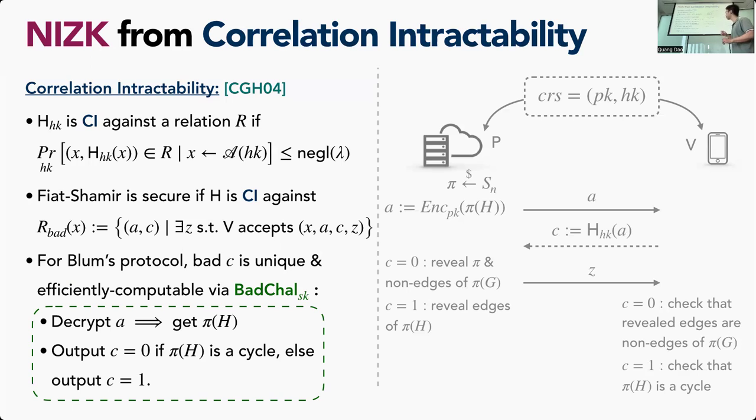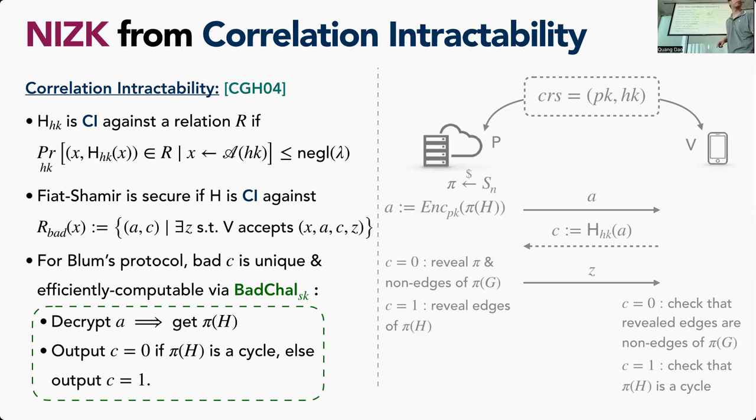So if it does commit to a cycle, it will fail the challenge C equals 0. Otherwise, it will fail the challenge C equals 1. This is why the bad challenge function is unique.